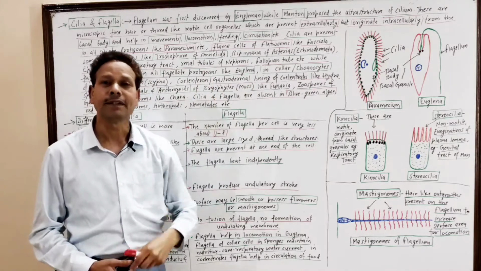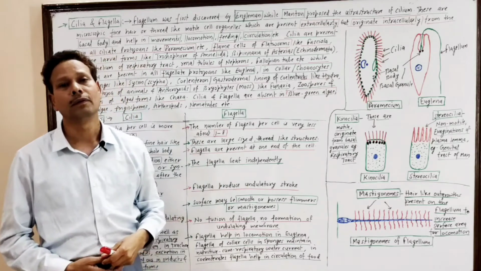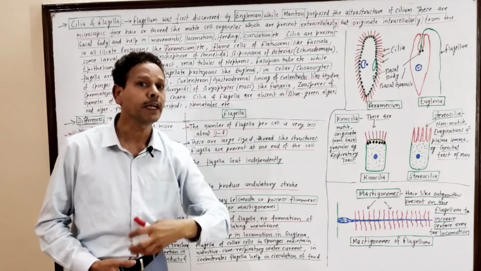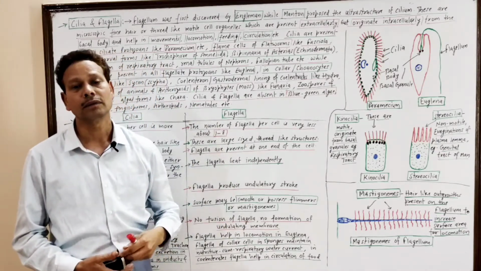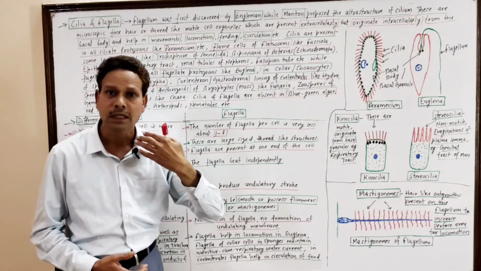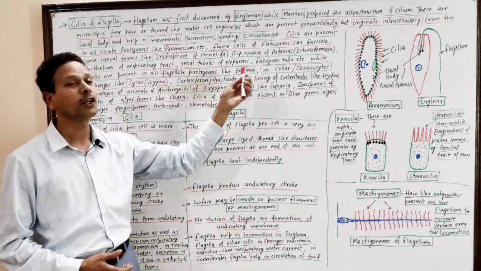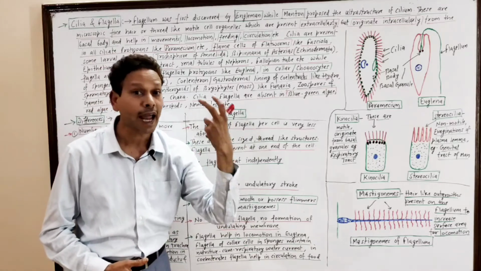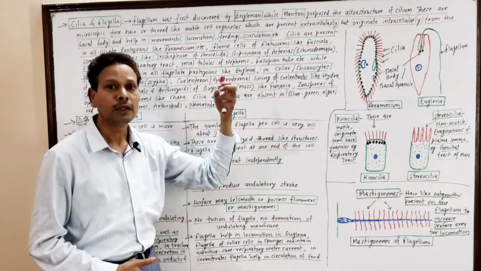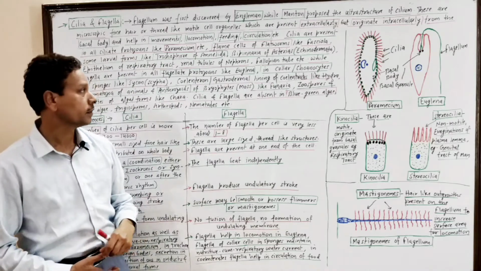As well as cilia are present in the epithelial lining of the windpipe, respiratory tract, trachea. In our respiratory system, the epithelium which possesses cilia is involved in the removal of foreign bodies, dust particles. In the renal tubule of nephron, it means in our excretory system, in the uriniferous tubule of nephron, the presence of cilia removes waste products.